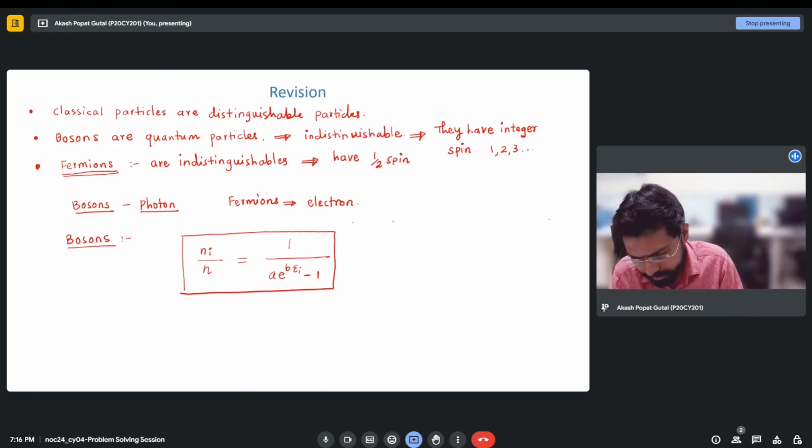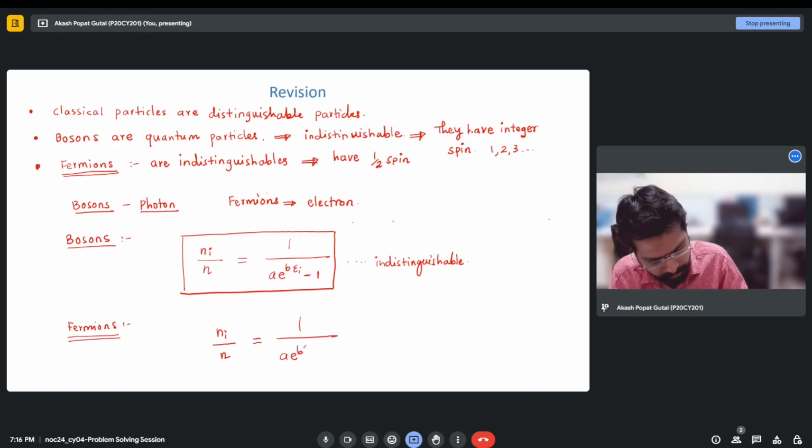Similarly, in case of fermions, these are indistinguishable. For fermions, n_i by N will be 1 by A into e raised to beta epsilon i plus 1.